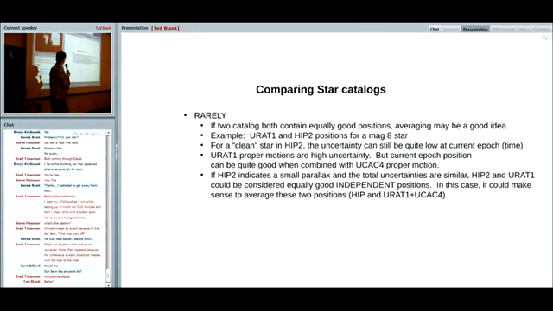So I'll talk about this again. Right, so just a few more nitpicky details in comparing these.